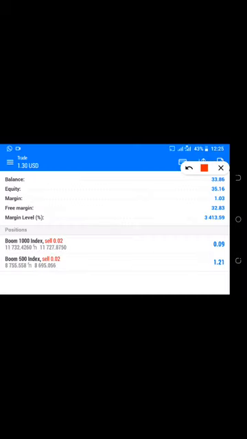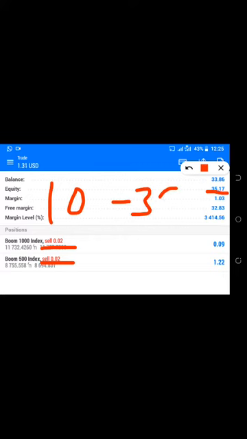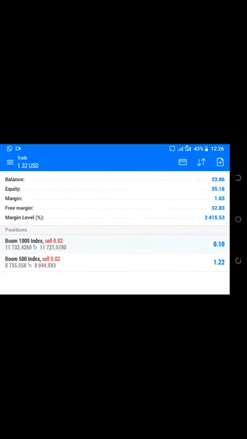That was last Monday, and I have not traded every day, but this is the lot size that I've been using, and you can see from $10 it is now at $35. You can see how much I have made: $25 profit in just 9 days. That is, I have doubled my account in just 9 days using 0.02.